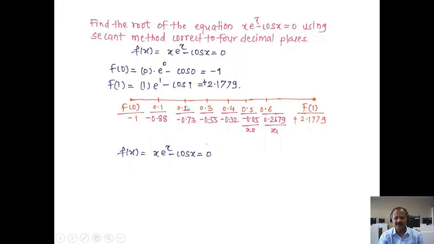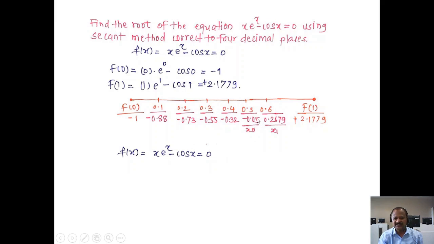Same procedure, put 0.2 in this equation; the answer is minus 0.73. Again, put 0.3; the answer is minus 0.55. For 0.4, the answer is minus 0.32. Then put 0.5 in this equation; the answer is minus 0.05.